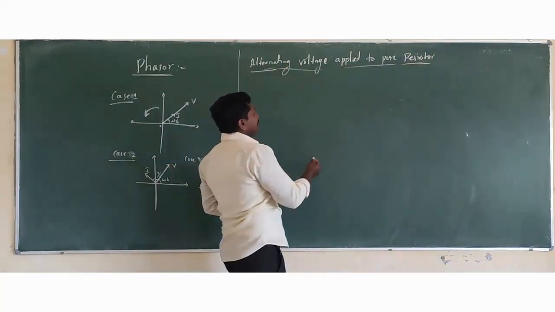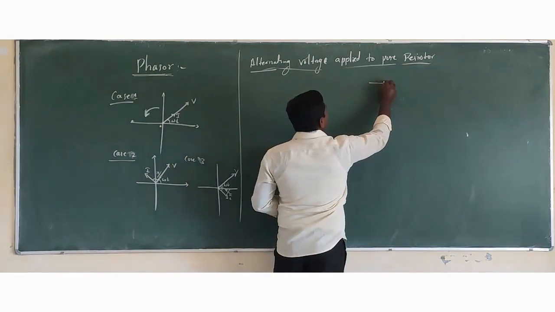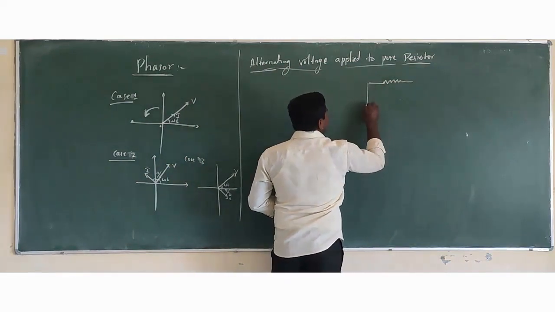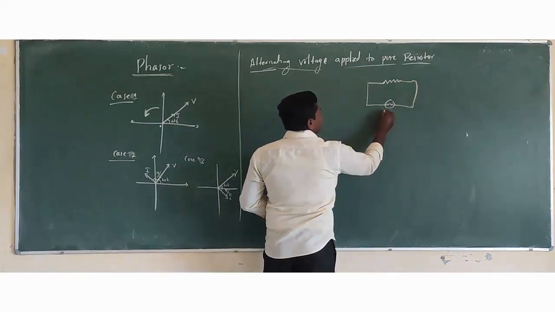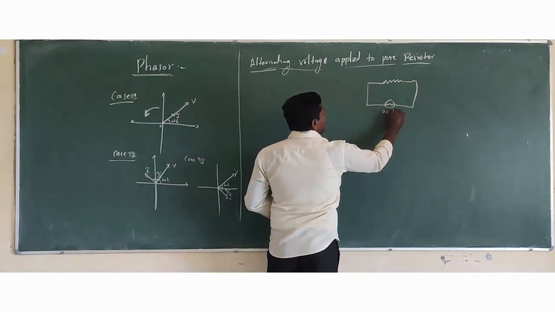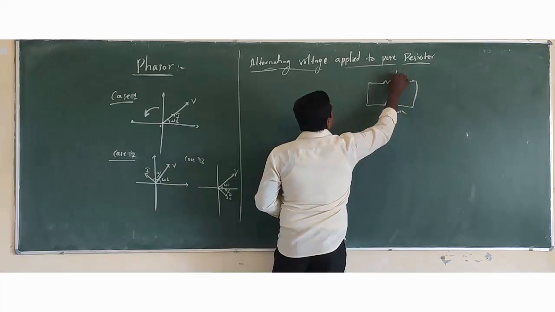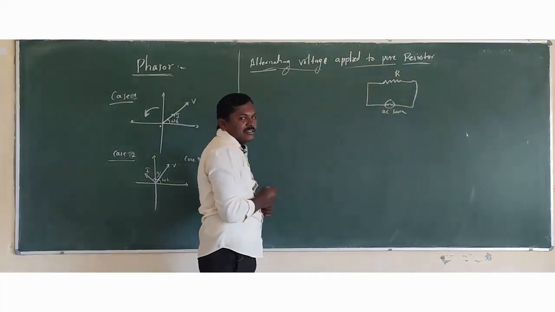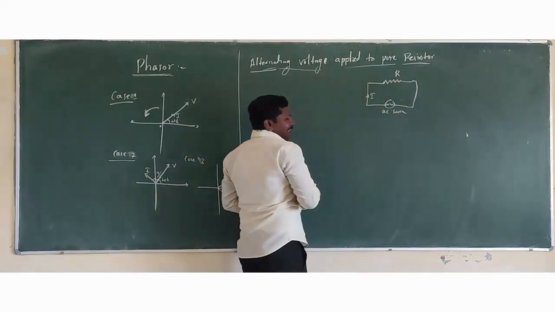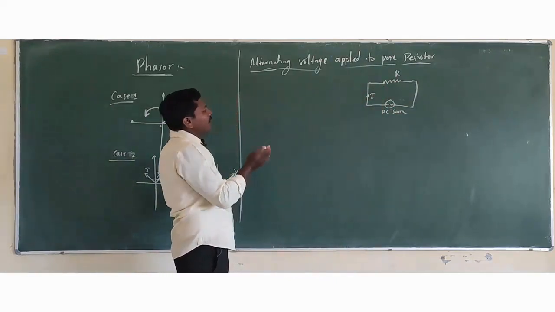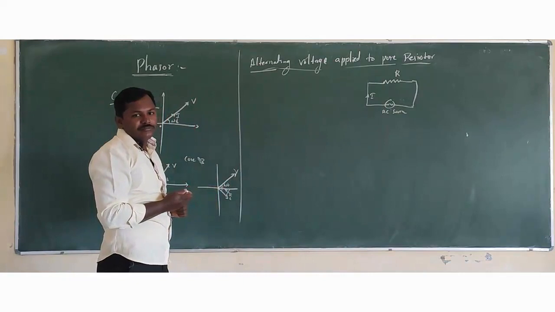Now let us consider a resistor which is connected to an AC source, and this is an AC source we can consider, and this represents the resistance of the resistor, which can be represented by R. When it is connected to that AC source, the current flows through the resistor.